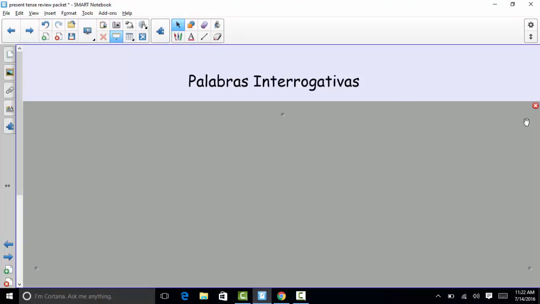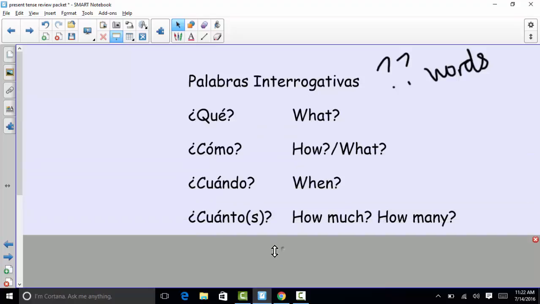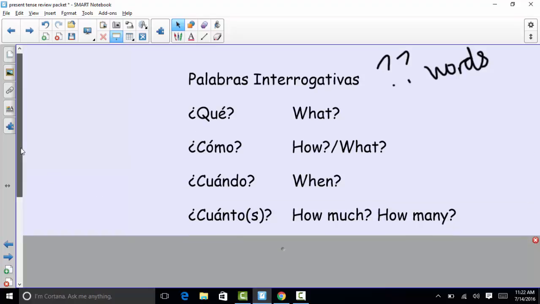Okay. On the last couple pages, you have some palabras interrogativas. Those are your question words. And it seems like no matter how many times you go over these, they're very easy to forget or to confuse. So try to drill these right now.